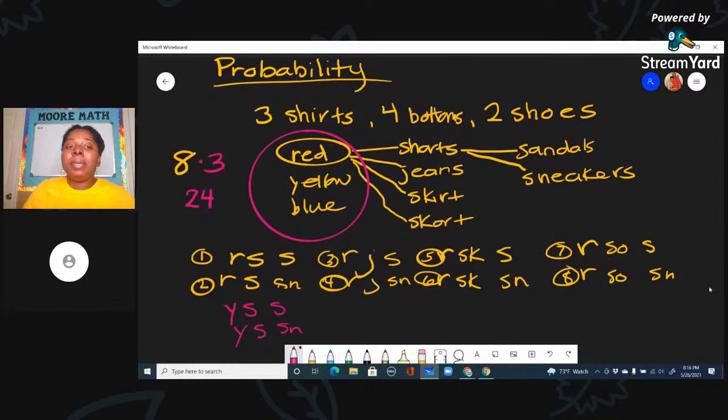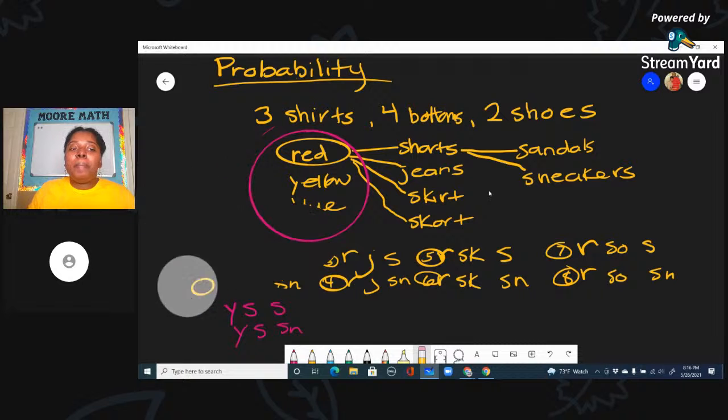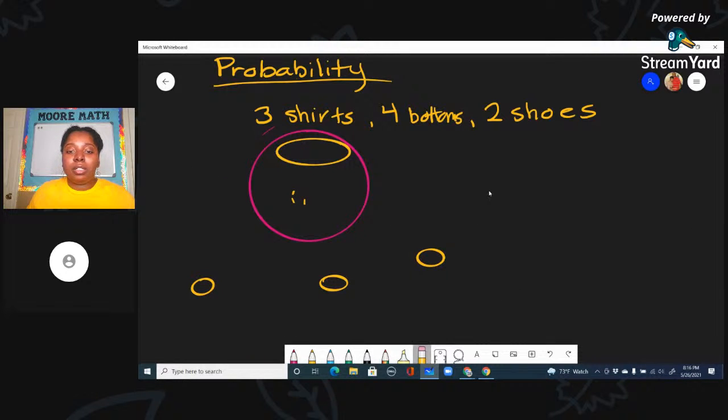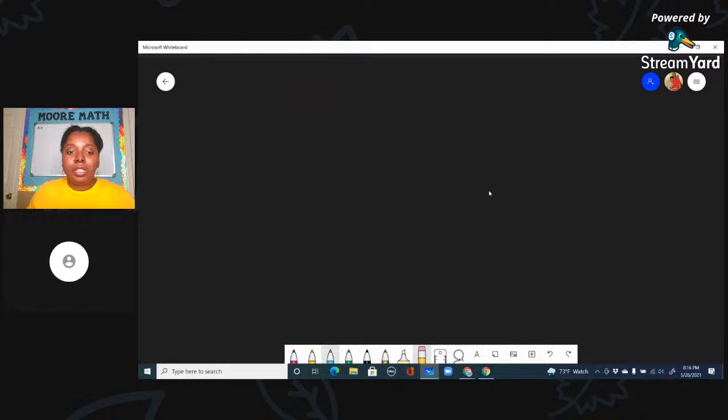But when it gets to be a little bit more complicated, like a 13, a 14, a 12, they don't want you having to count all of that out. So they noticed a pattern. Let me delete this so that I'll rewrite it. So remember, we got 24. 3 shirts, 4 bottoms, and 2 shoes.